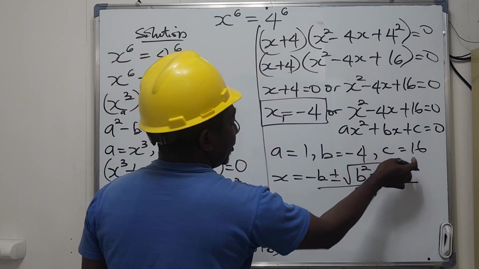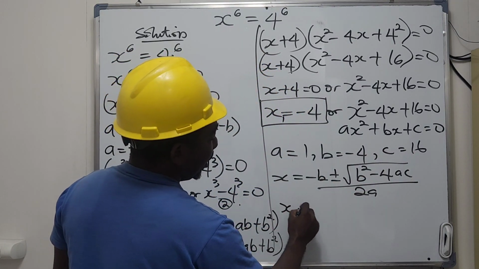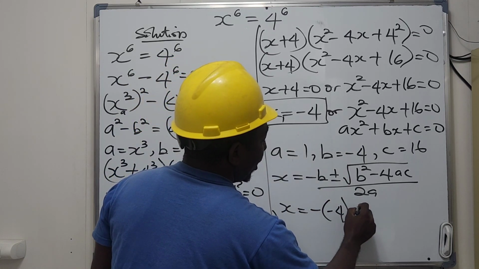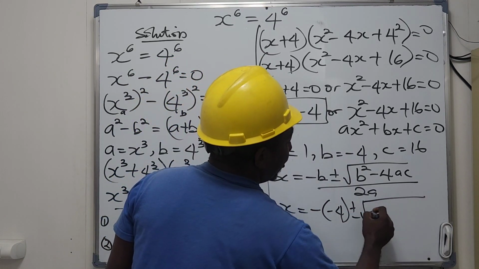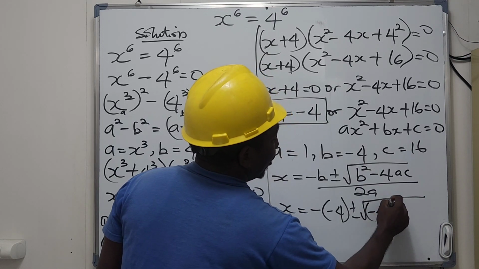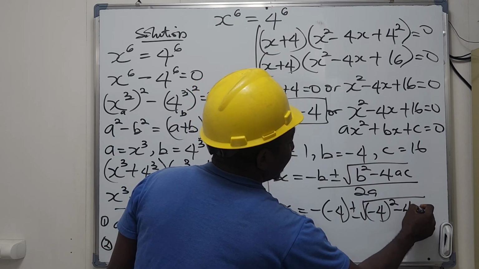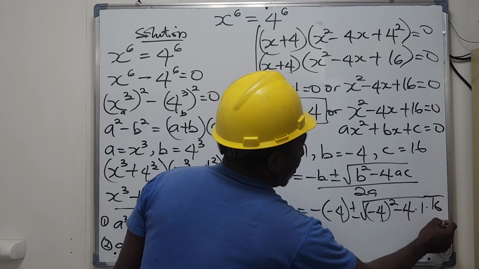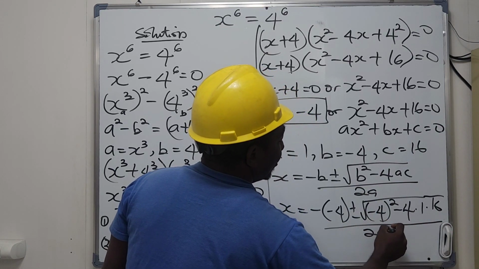So substituting these parameters, we have the value of x equals, this is minus into minus 4, we have plus or minus square root of minus 4 to the power of 2 minus 4 times 1 times c. Our c is 16, all over 2 times 1.